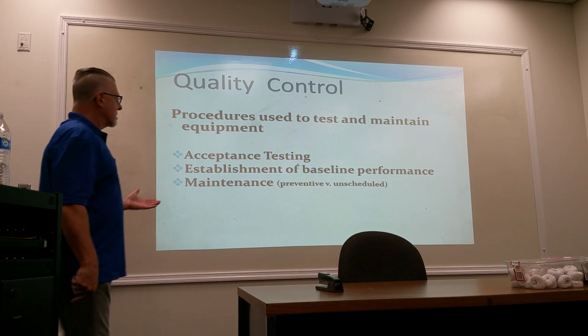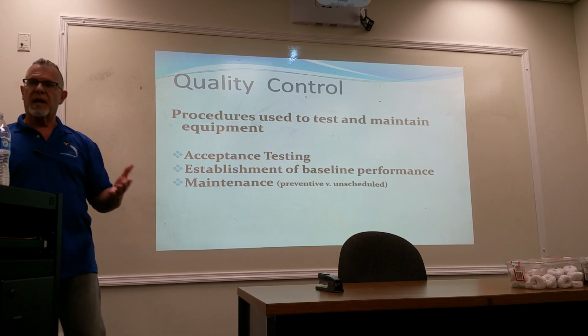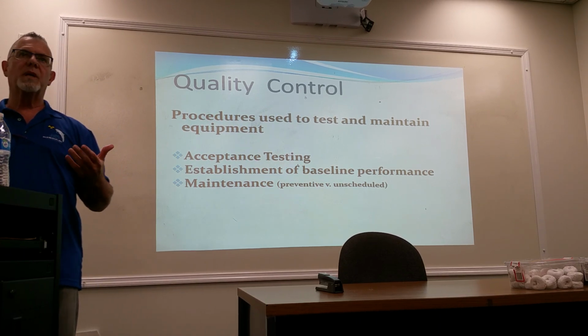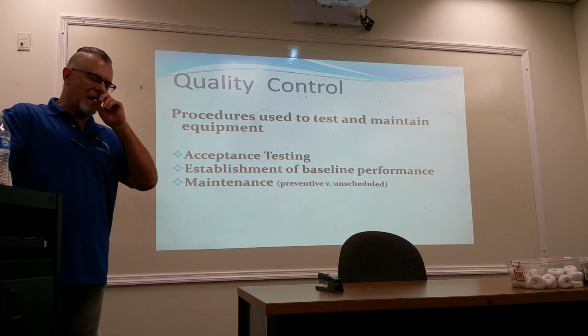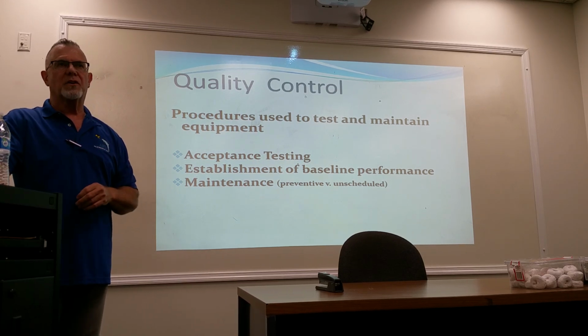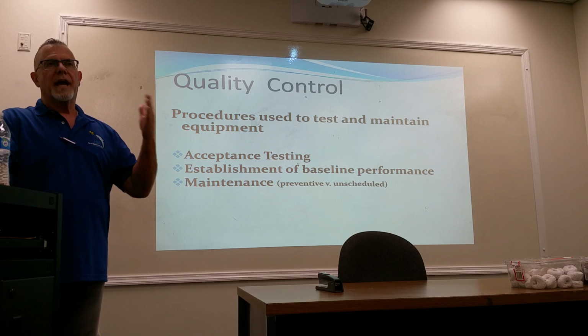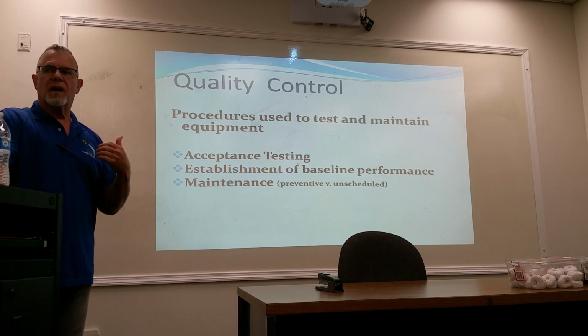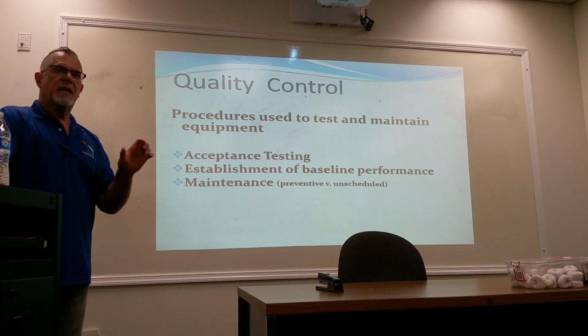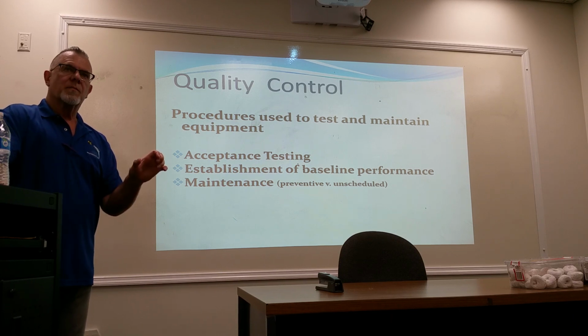You have maintenance. You have two types. You have preventive, and that would be most hospitals either have an in-house engineer or they use the vendor engineer, and manufacturers specify what their preventive maintenance schedule is.